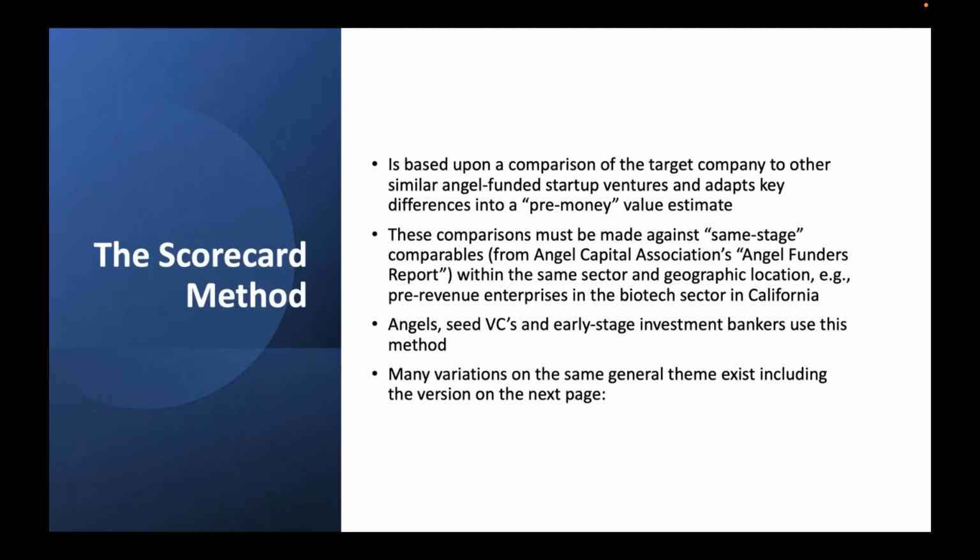So basically, you want to somehow go out and find similar stage investments in similar companies and list those values, and then go in and compare your subject to the group of comparables based on various factors, which we'll see on the next slide.